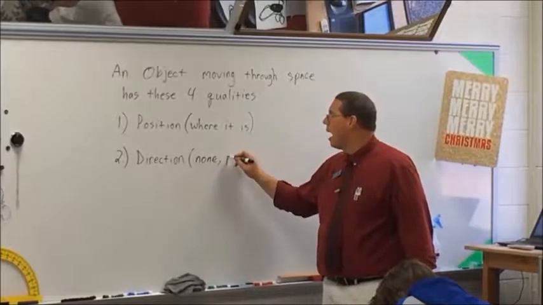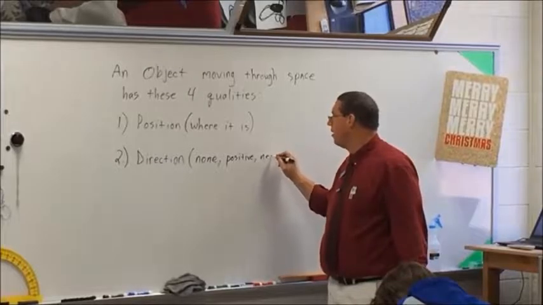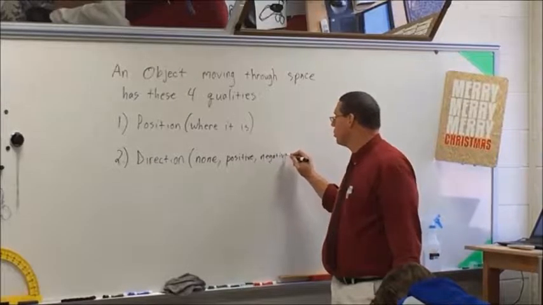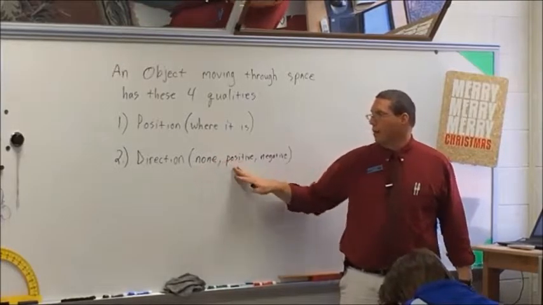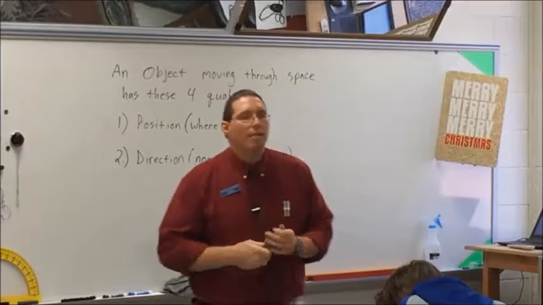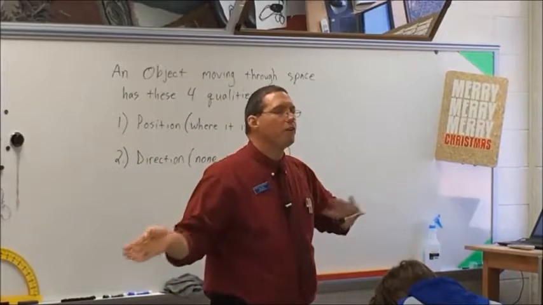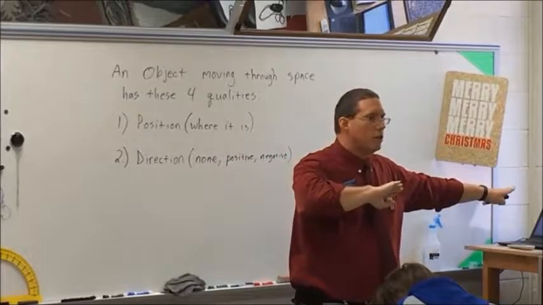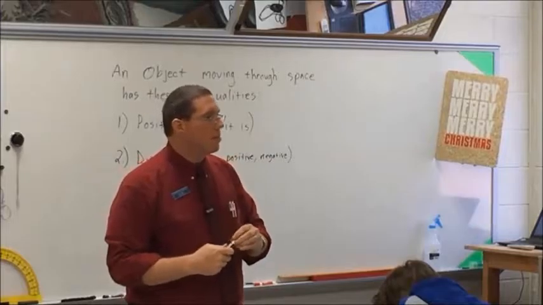It could have positive direction, and it could have negative direction. Those are the only choices. For example, let's say that moving to the right is positive direction. Then moving to the left is negative direction. Does that make sense?